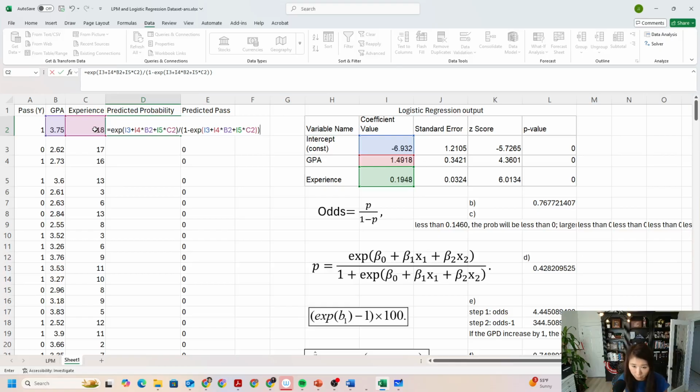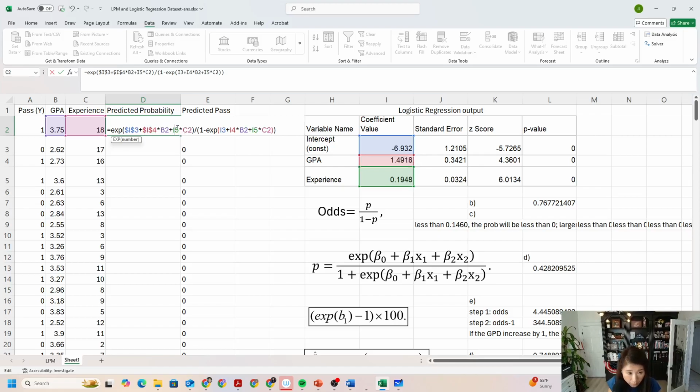If you do this manually, it's going to cost you a lot of time. So therefore, I want to use the drag down function. Before I do that, I need to lock the cells for beta 0, beta 1, beta 2, because they don't change. I go into this I3 here and push function key F4 on my keyboard. This puts the $ sign to lock the beta 0, beta 1, beta 2 values because they are here and I don't want them to change.